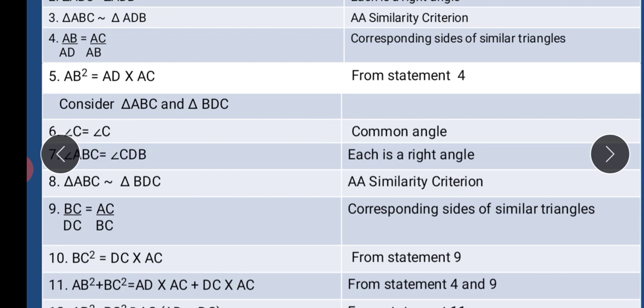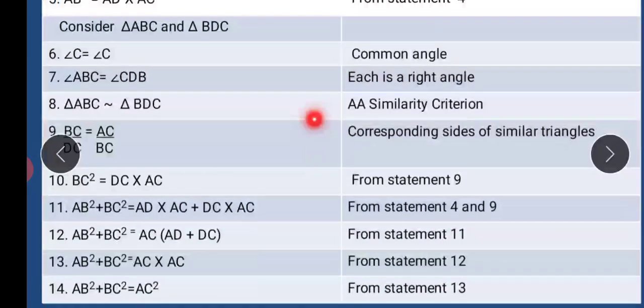Just add statement 5 and statement 10. Then we get statement 11: AC is the common factor, and what is inside the bracket?